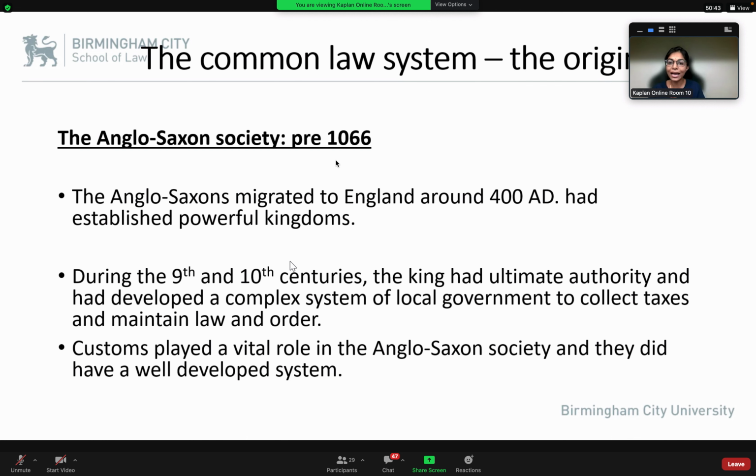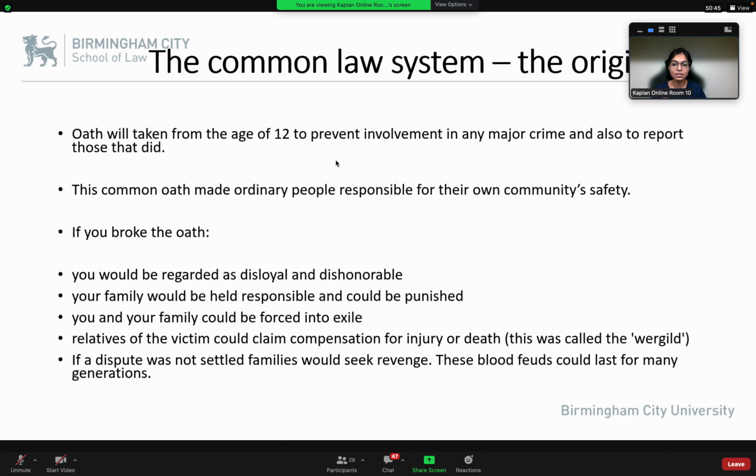So let's look at their customary practices. When a person is at the age of 12, you must take an oath that you will not be involved in crime, and if you know that anyone is involved in crime, you must report. That is the meaning of this custom here. Today, do we take an oath? No, we don't, right?